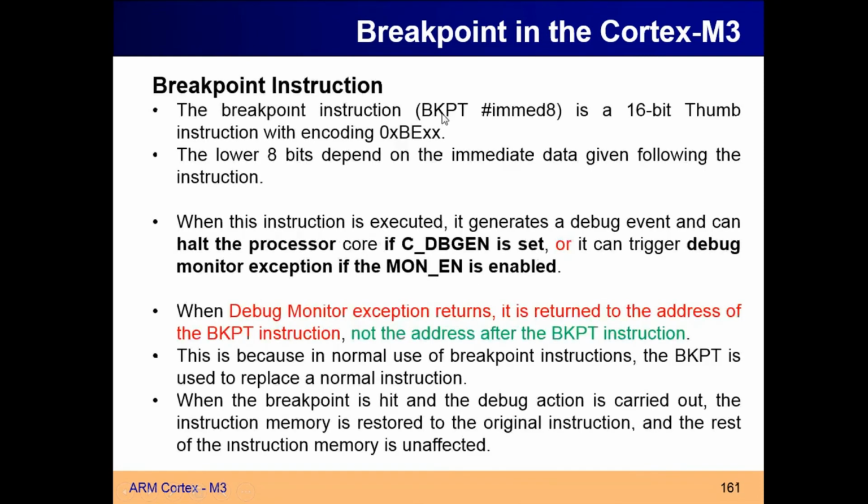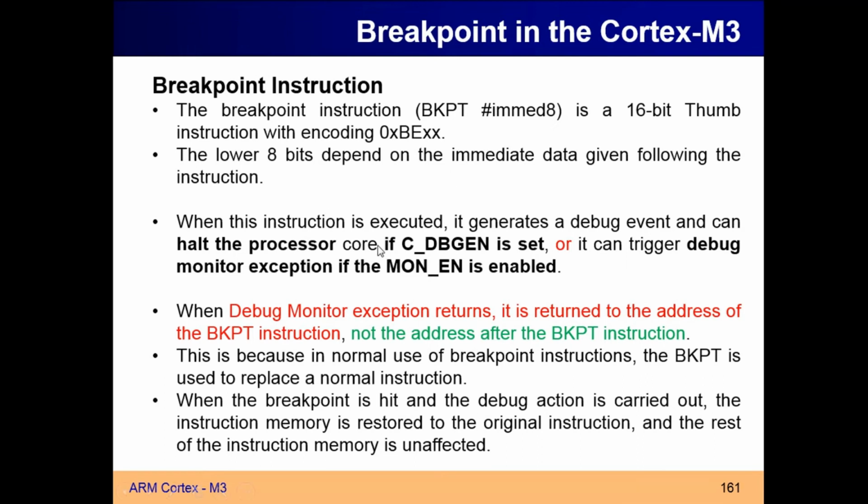A breakpoint instruction looks like this: BKPT hash 8-bit immediate value. It is a 16-bit Thumb instruction, and the lower bits are nothing but the immediate data that is given with the instruction.